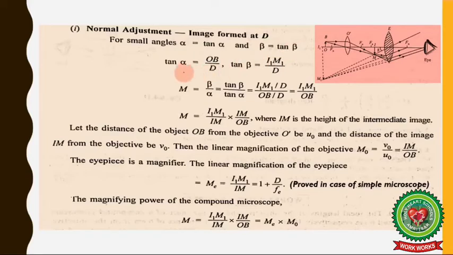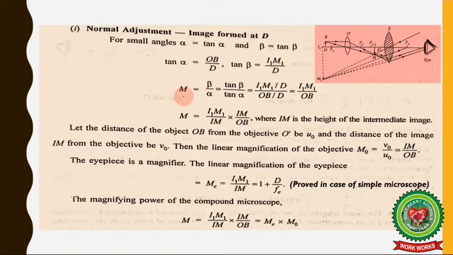But we also know that tan theta is equal to perpendicular upon base. So using that relation, we get tan alpha is equal to OB upon D, as D is the distance of the object at the least distance of distinct vision. Similarly, tan beta is I1M1 divided by D.